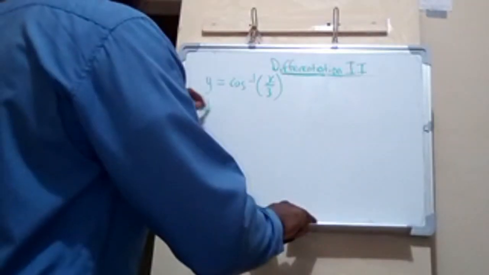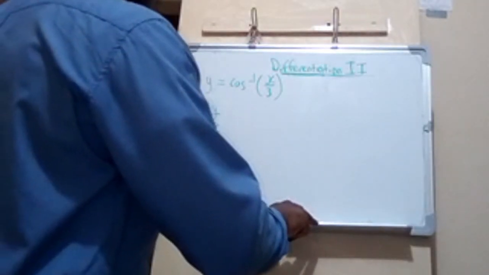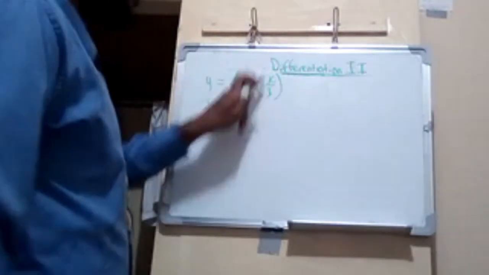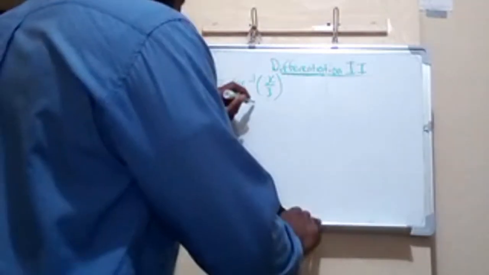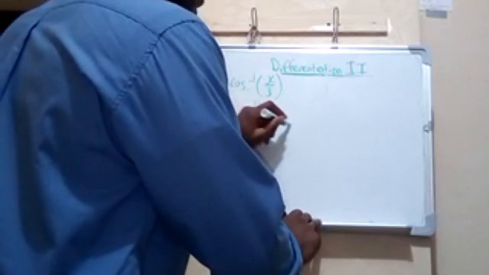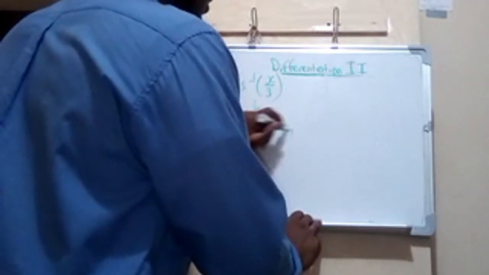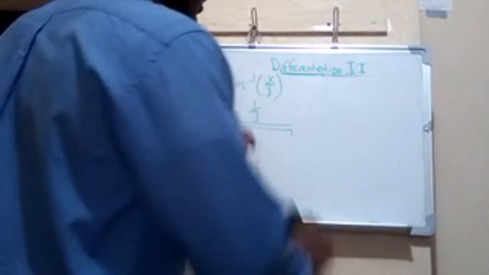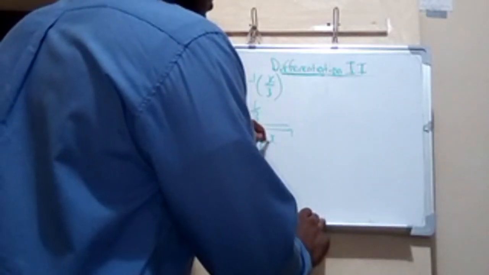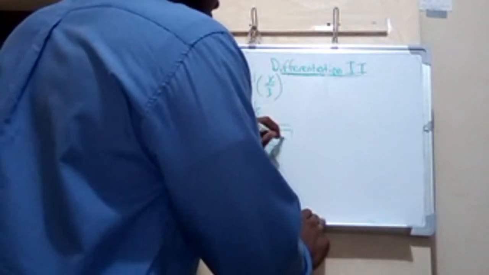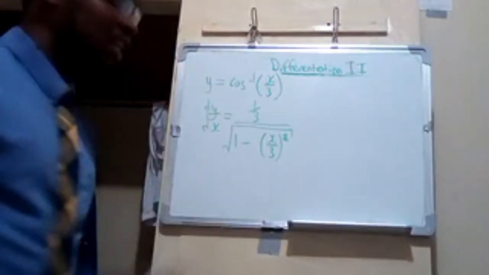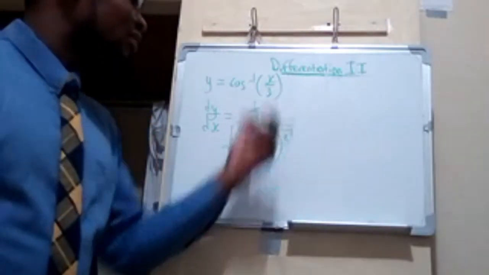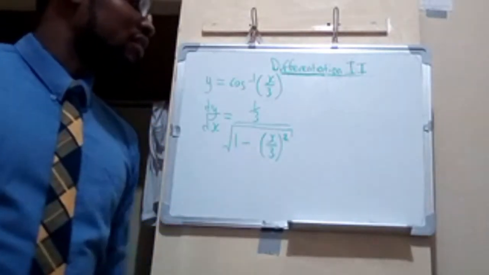Then dy by dx is equal to f prime of x, which is the derivative of x over 3, that's 1 over 3, divided by the square root of 1 minus f of x, which is 1 minus x over 3 all squared. In general, we don't like to leave things as a fraction like this, 1 over 3 over the square root of 1 minus x over 3 all squared.